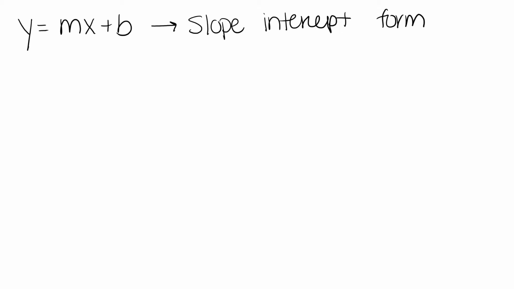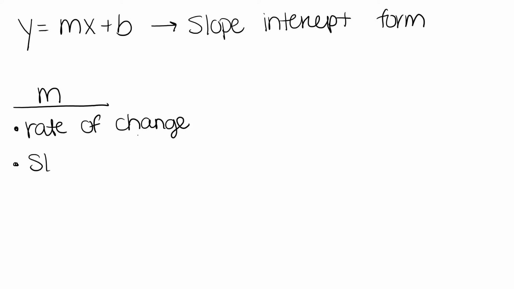Now, y and x in the equation are always going to be the variables. M and b are going to be substituted with numbers. The letter M is known as several names. It's known as the rate of change.